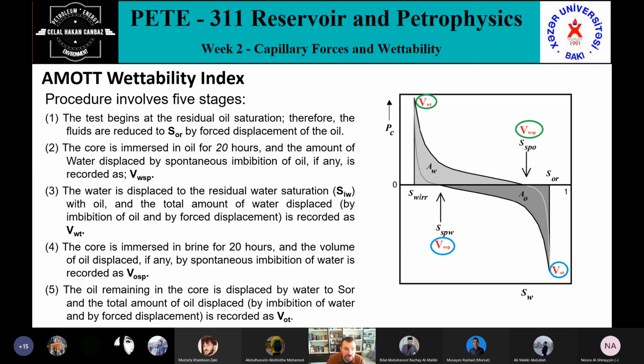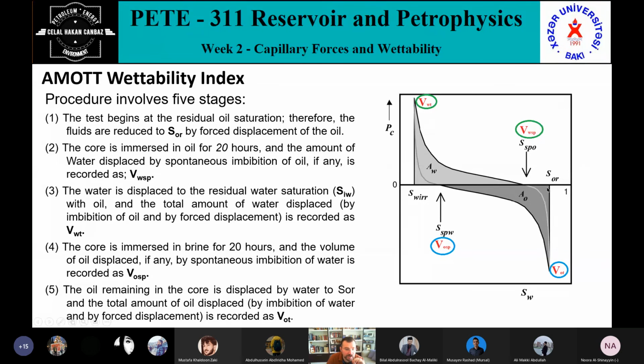Then the core is immersed in oil for 20 hours, and the amount of water displaced by spontaneous immersion of oil, if any, is recorded as VWSP.